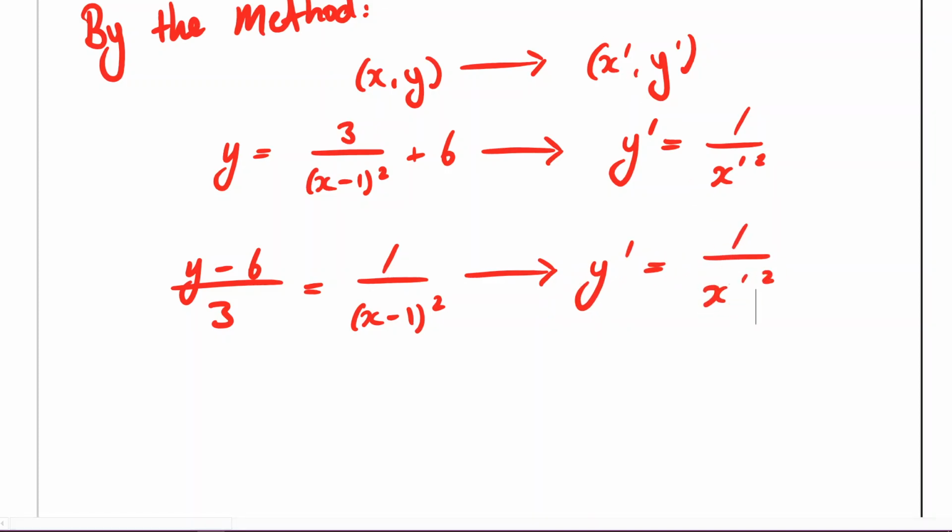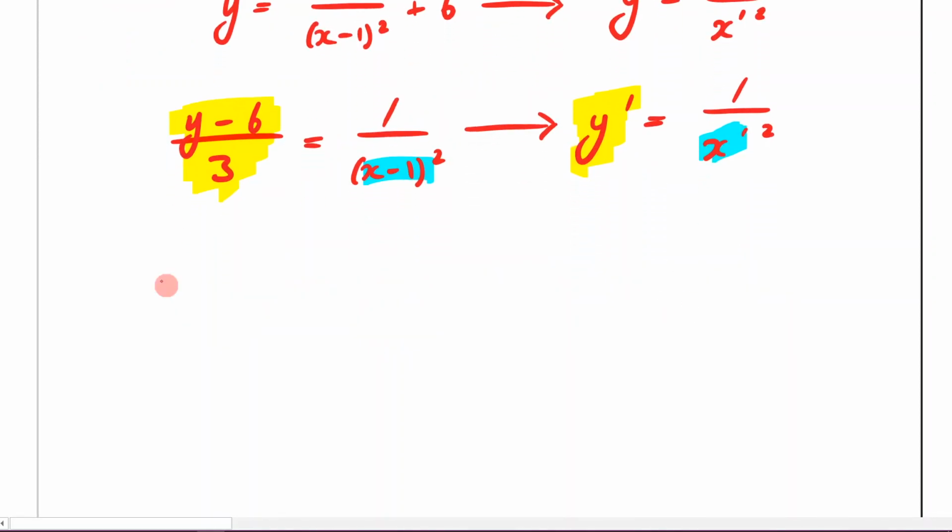Now, the next thing that we do is I equate this with this, and then I equate this with this. All right, so let's now do that. I go y dash is equal to y minus 6 over 3, and x dash is equal to x minus 1.